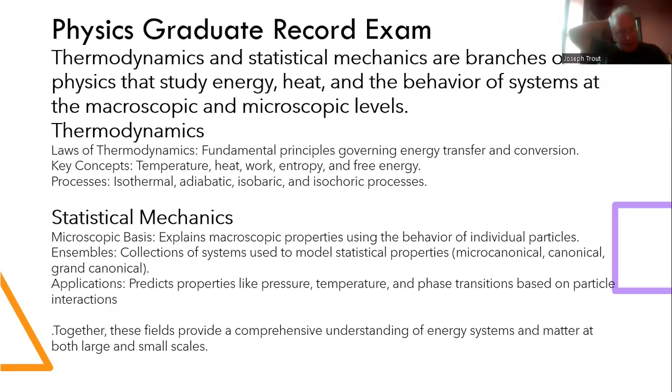Statistical mechanics is the microscopic basis, so it explains macroscopic properties using the behavior of individual particles. It talks about ensembles. This is a collection of systems used to model statistical properties. It's used to predict properties like pressure, temperature, and phase transition.